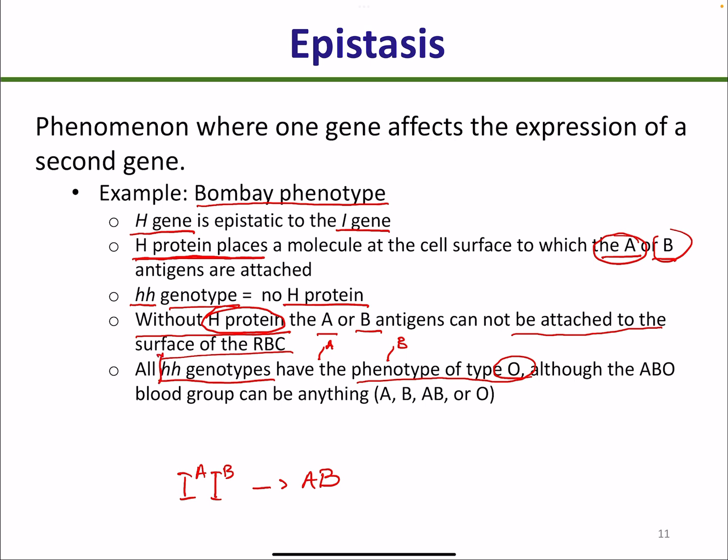But in the case of homozygous recessive h, this individual will never be AB. They will be O, right? So that's what we call the Bombay phenotype: when one gene is affecting the expression of another gene. The H gene is epistatic to the I gene.